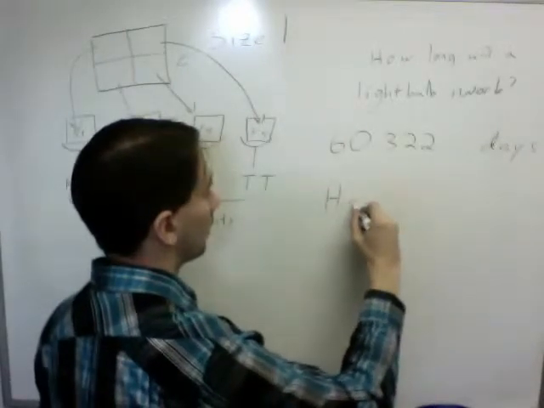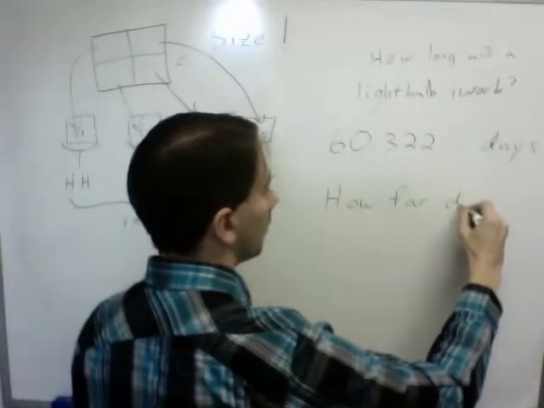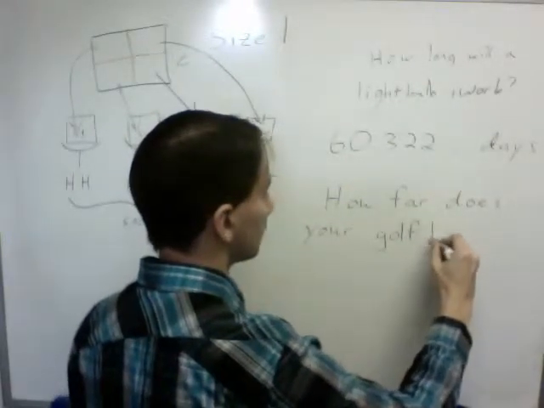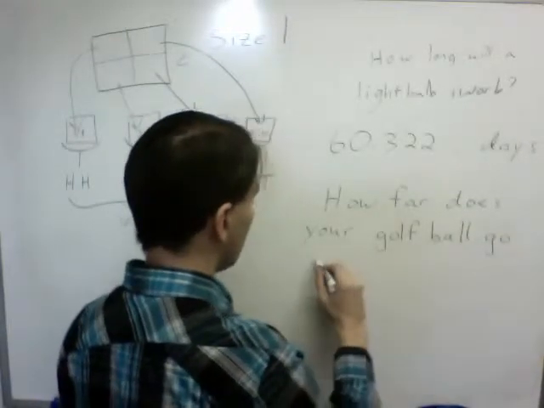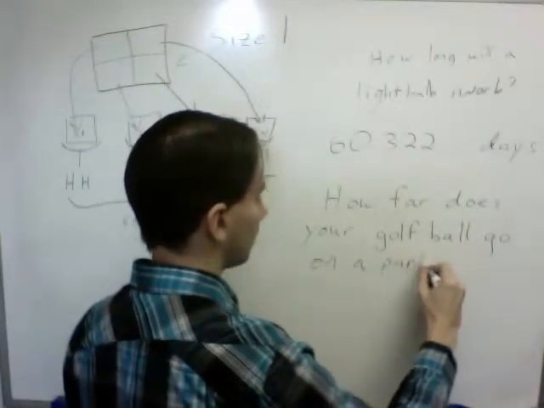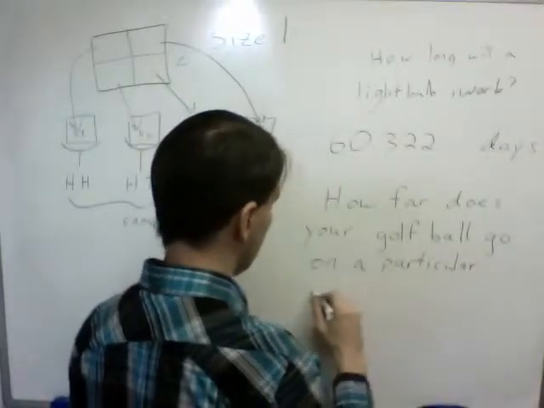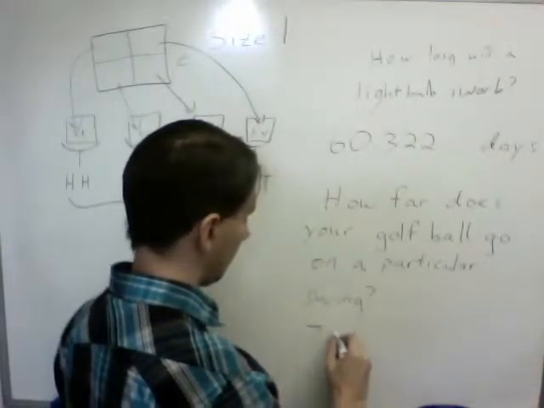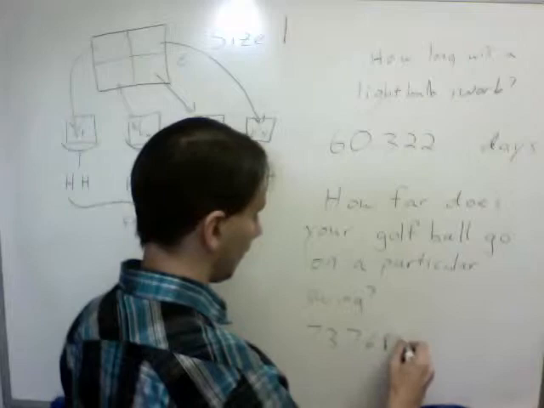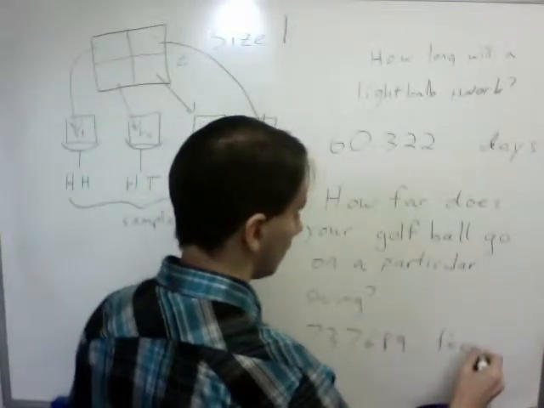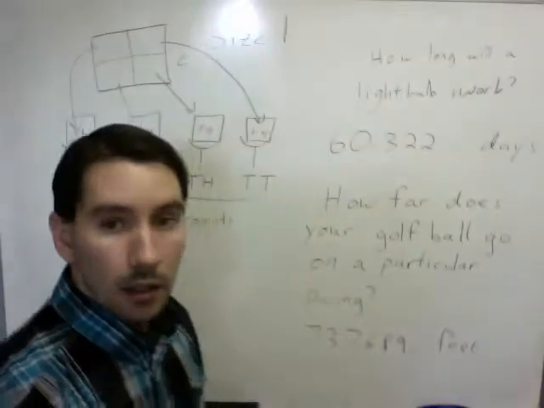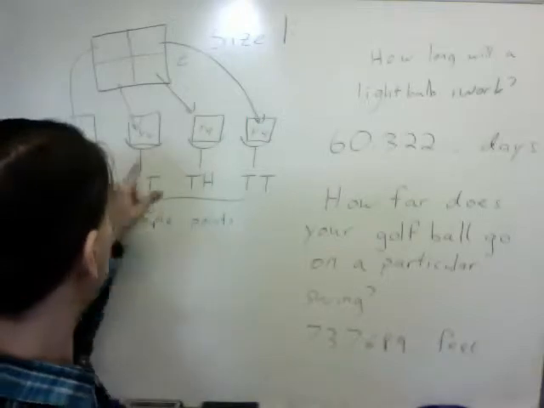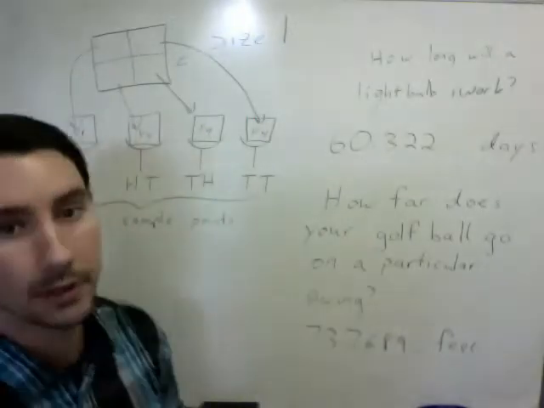How far does your golf ball go on a particular swing? And it might be something like 73.7689 feet. So in these cases, it's not going to be good enough to use some discrete set of points and put a weight on each point.